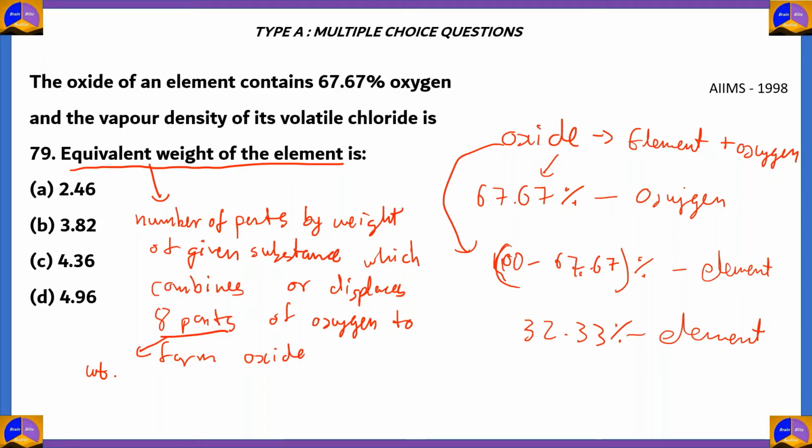So when we look at this question, we find that we have given percentages of the oxide and we found out the percentage of the element. So what we can do is we can take the oxide as 100 grams. So you can just put the value of the percentage as the mass of each component.